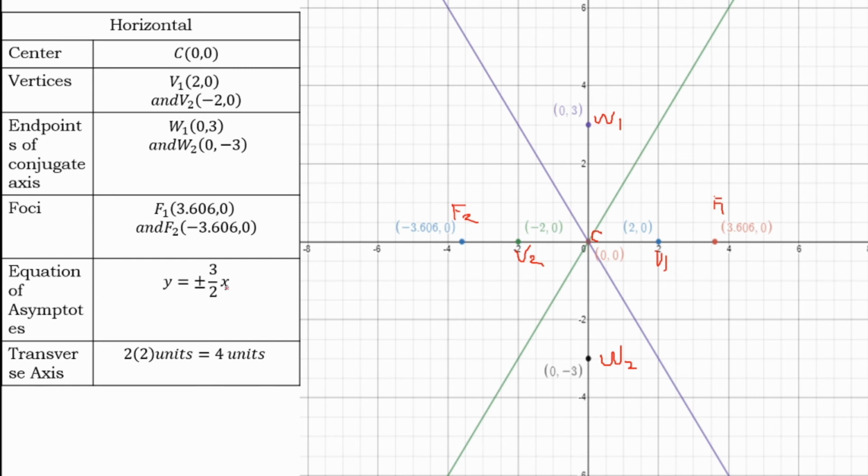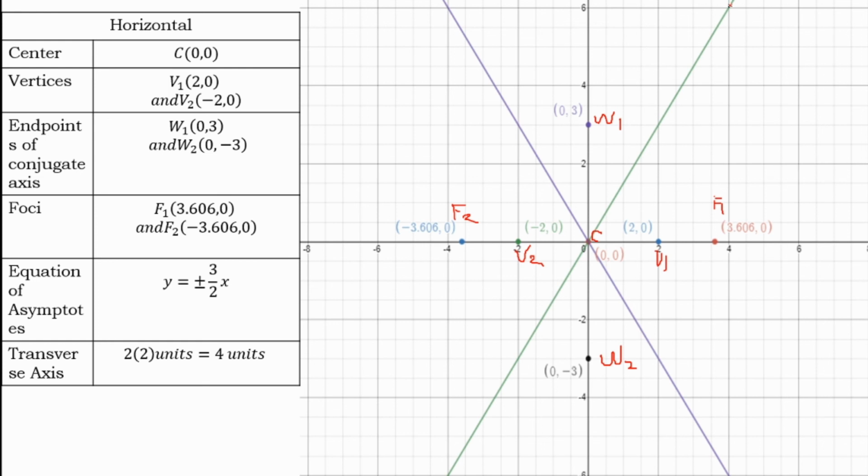Now, how about the equation of the asymptote? Our equation of the asymptote is positive negative 3 over 2 x. Here, we can just use the rise over run method of the slope. So we have 3 rise and 2 runs. From the center, we have 2 runs, so 1 and 2, and then 3 rise, 1, 2, and 3.